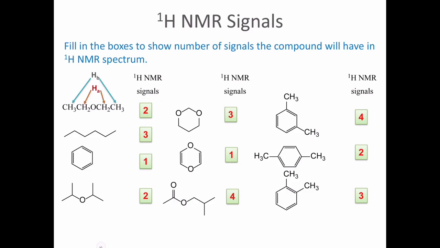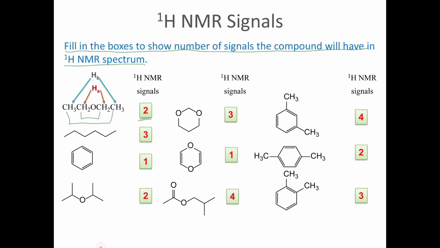Here is some practice. Fill in the boxes to show the number of signals the compound will have in the proton NMR. So starting with the first one, which is a diethyl ether, we have these two carbon atoms being symmetrical and these other two also being symmetrical. Which means the protons bonded to those carbons are going to show similar signals. So we are only going to end up having two signals.